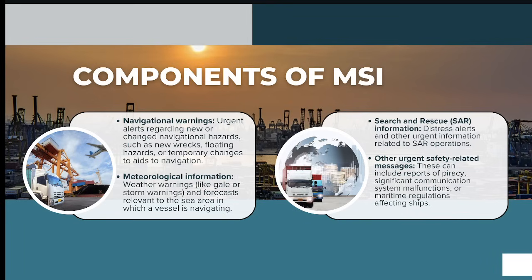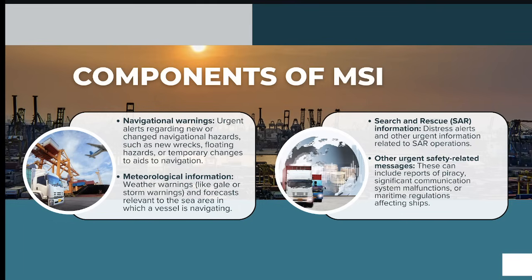Another component is the search and rescue. These are the distress alerts and other urgent information related to search and rescue operations. And lastly, the other urgent safety related messages.